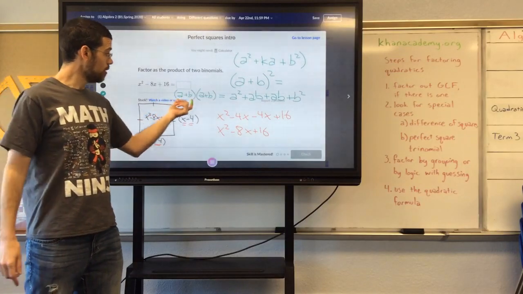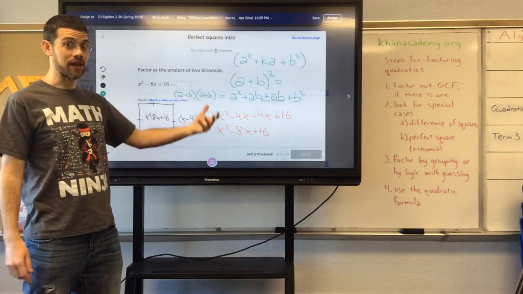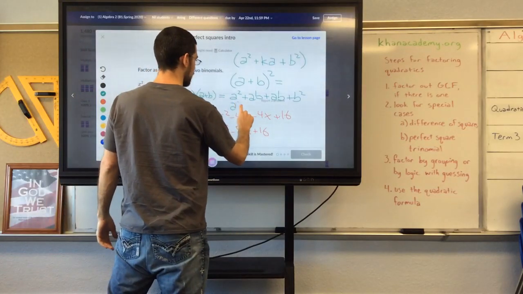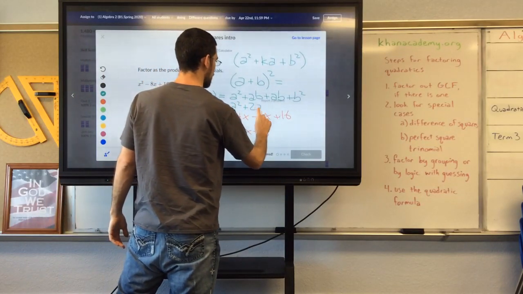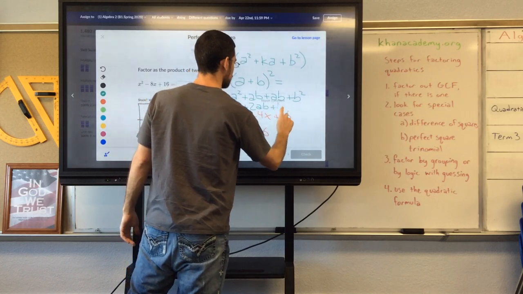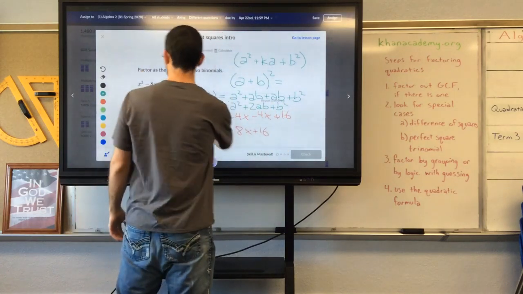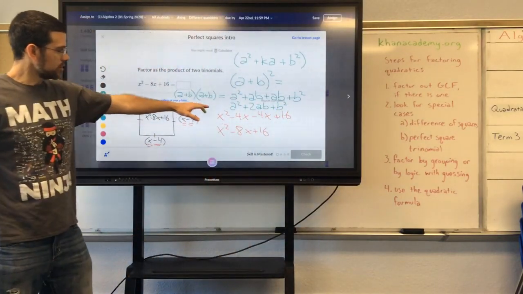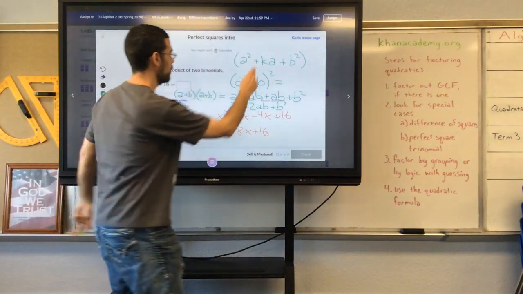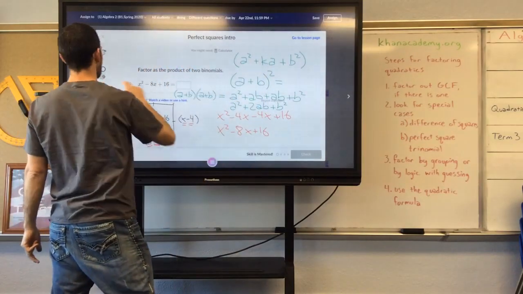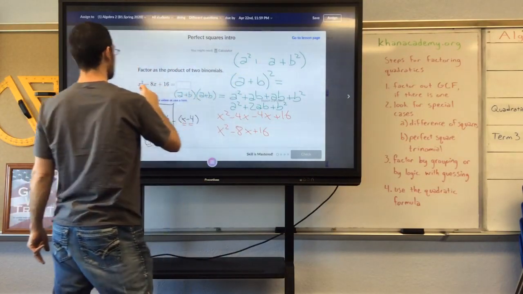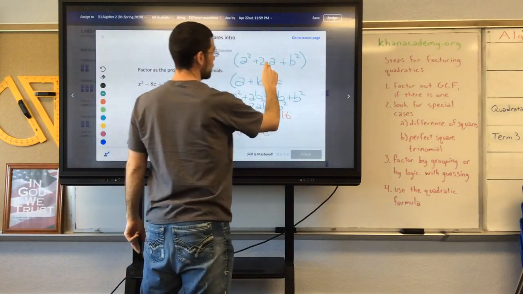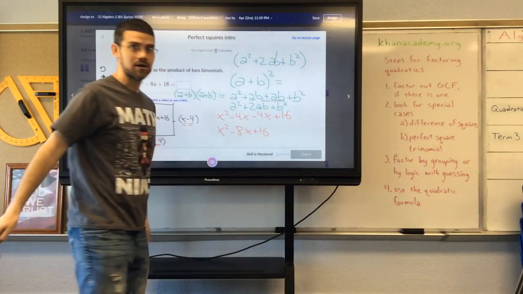That's how this expands when we use the distributive property. So we can say that's a squared plus 2ab plus b squared. If you look at this, we know now that k is always going to be 2, and there's going to be a b in there.